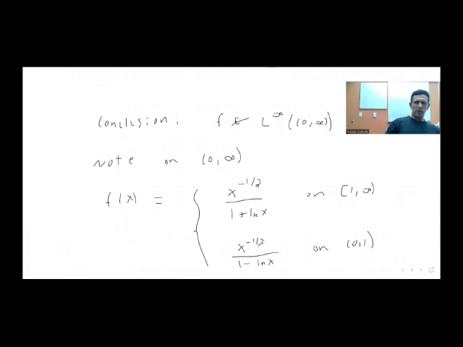For p less than 2, the problem in both of these, sorry, is going to be the numerator. But when p is bigger than 2, the problem is going to be this numerator on 0 to 1. So let's see why that is.